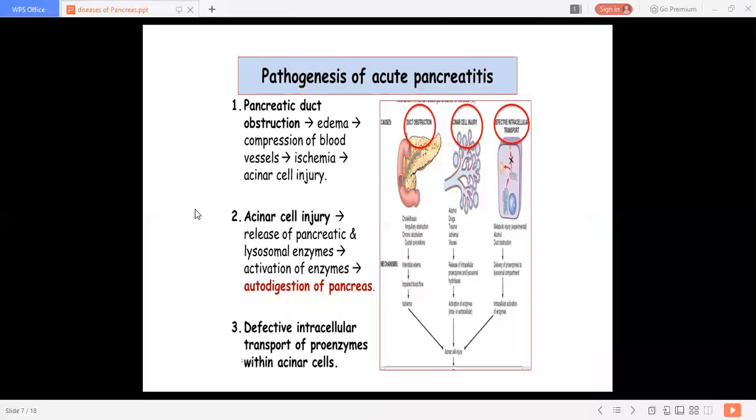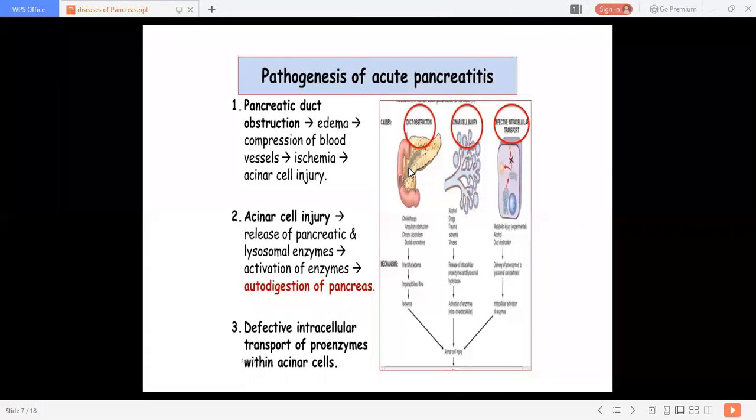Now, the pathogenesis of acute pancreatitis. In pathogenesis, there are 3 factors. The first one is pancreatic duct obstruction. Then acinar cell injuries. Here, the acinar cells get injured.